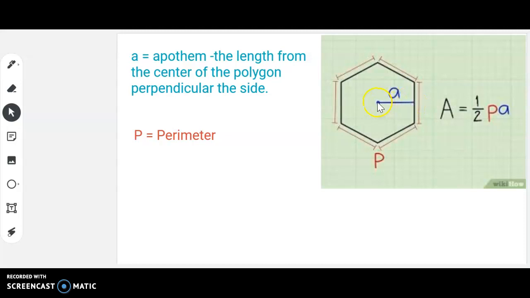P is for perimeter, so we're finding the distance all the way around the polygon. Those are the parts of the formula: 1/2 perimeter times apothem.